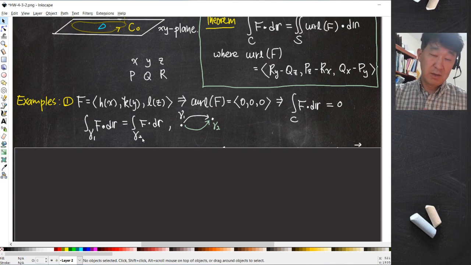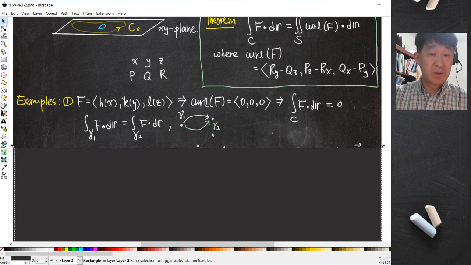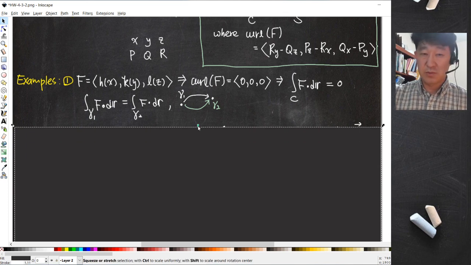That makes the vector field conservative, I think, as long as the curl is 0. Right? So that's one of the things that we discussed in the xy plane.